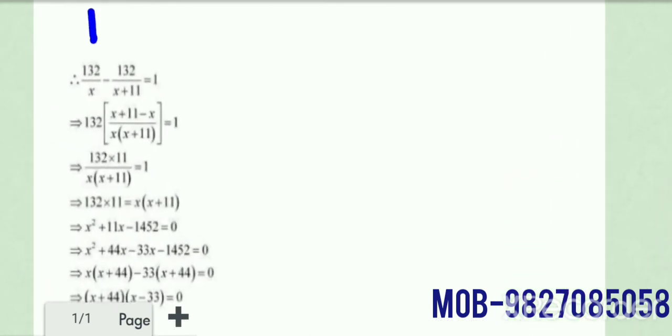Now the equation becomes: the time of the passenger train, 132 upon x, minus the time of the express train, 132 upon x plus 11, is equal to 1 hour.